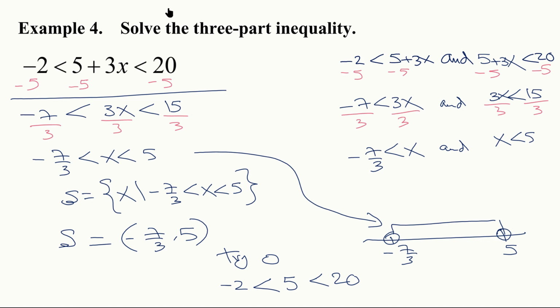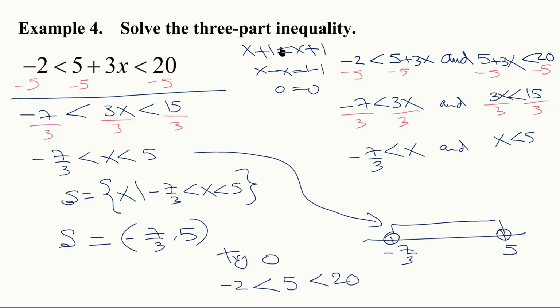And equations that have infinitely many solutions, we call identities. Those are the ones where you end up with something like x plus 1 equals x plus 1. If you solve this, you end up with x minus x equals 1 minus 1, so 0 equals 0. So you get an identity. That means it's always true for every real number.